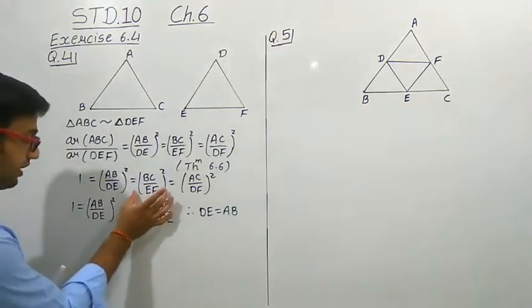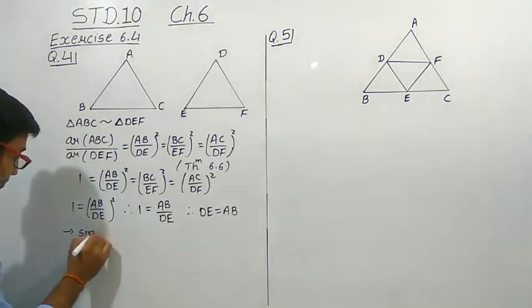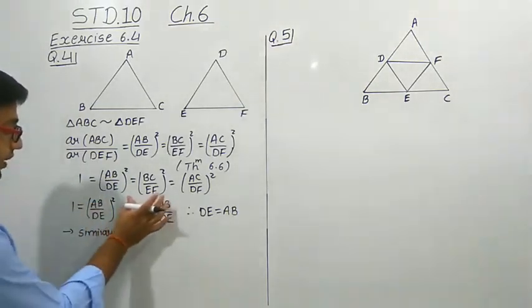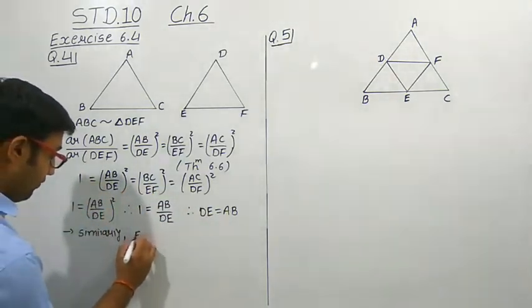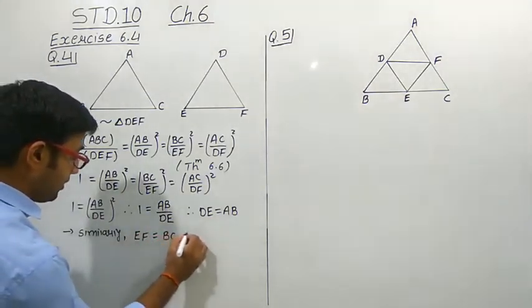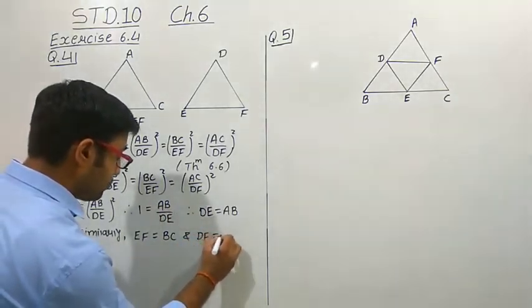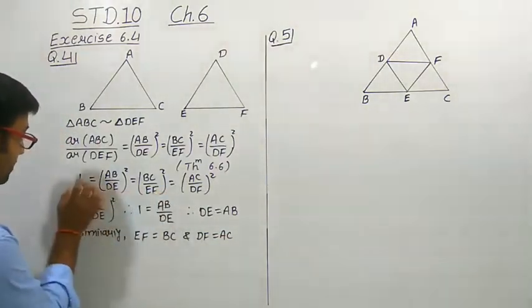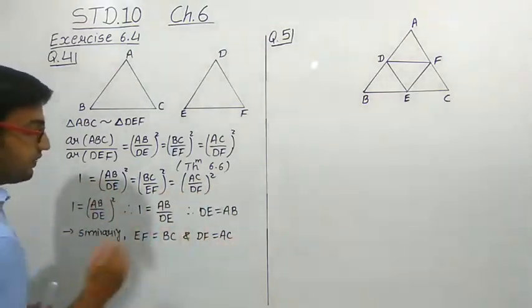Similarly, when we compare the other ratios with 1, we get EF equals BC, and DF equals AC.